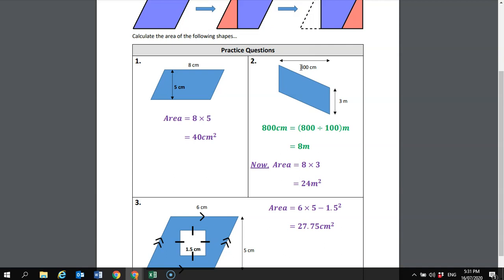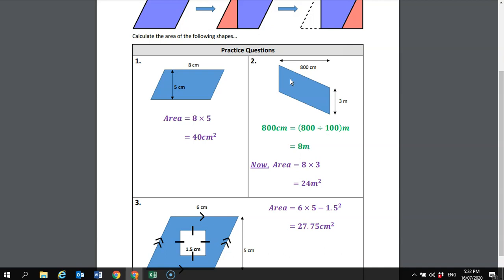Problem here is that we have centimeters and meters. So 800 centimeters, that would make a lot more sense to convert that into meters rather than convert the 3 meters into centimeters. So that's the first thing I'm going to do. I'm going to convert 800 centimeters into meters. So here we go. 800 centimeters equals 800 divided by 100, meters, because there's 100 centimeters in 1 meter, which gives you 8 meters.